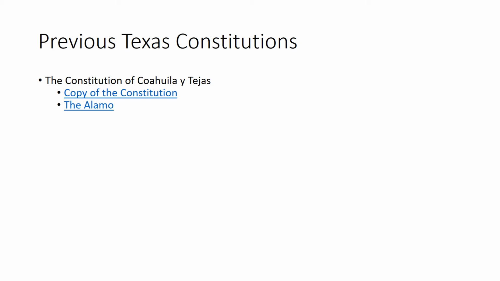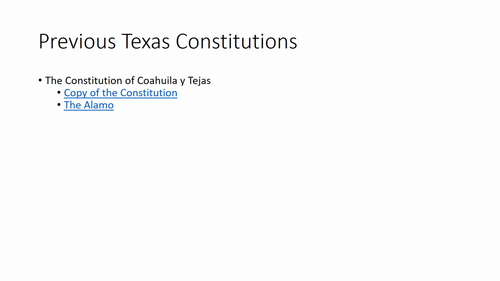Judicial power was placed in state courts. This constitution guaranteed citizens the right to liberty, security, property, and equality. The disagreeable sections included designating Catholicism as the state religion and not recognizing slavery.